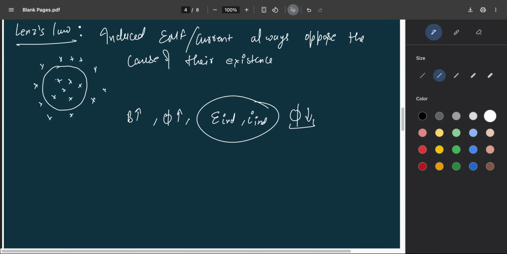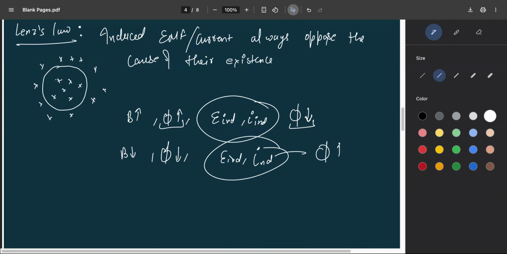It will try to maintain the flux in a decreased position because it is trying to increase. If something is increasing and you don't want to see any changes, you will decrease it, right? So this is what is happening. If the magnetic field is decreasing, the flux is decreasing, and the induced EMF and induced current will try to increase it. This is what is going to happen.